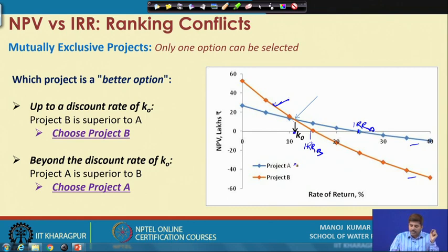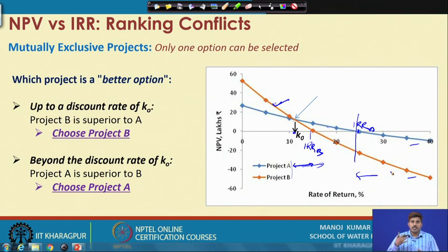However, if my expected rate of return is higher than K0, then beyond the discount rate K0, I see that my project A is giving me the higher net present value as opposed to project B, and I should choose project A. Of course, beyond this, none of the projects is good to invest in.